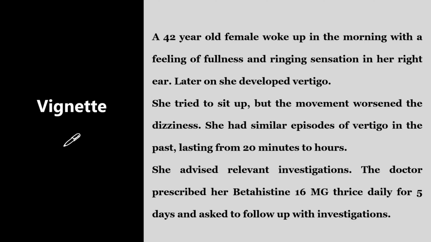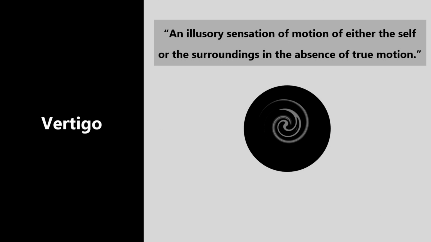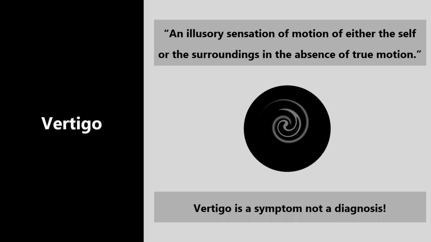What is vertigo? And what is the role of betahistine in vertigo of Meniere's disease? Vertigo is an illusory sensation of motion of either the self or the surroundings in the absence of true motion. Remember, vertigo is a symptom, not a diagnosis.